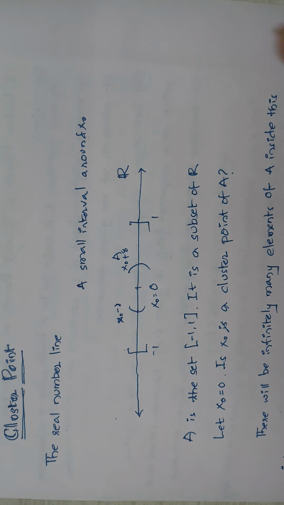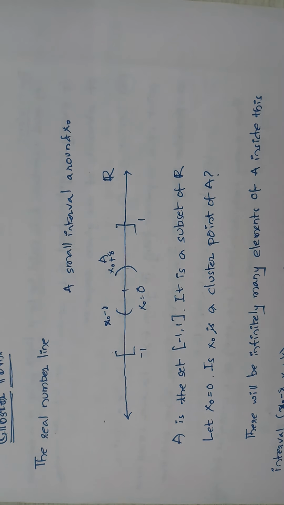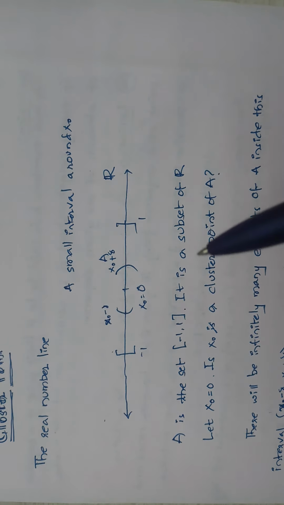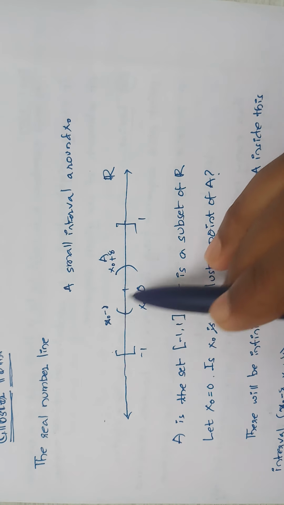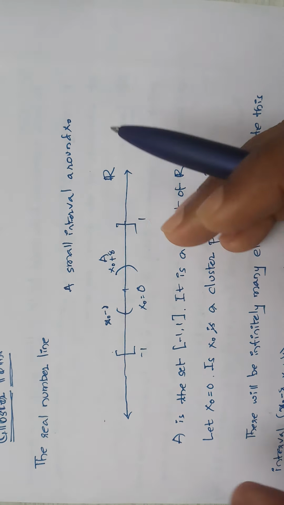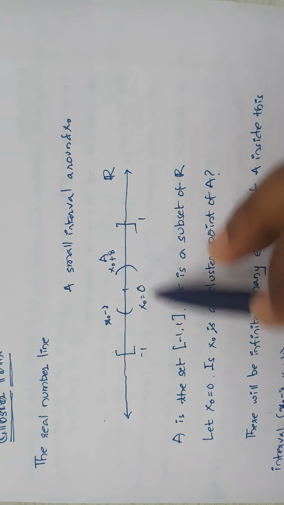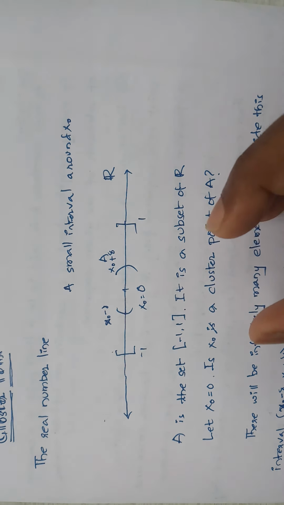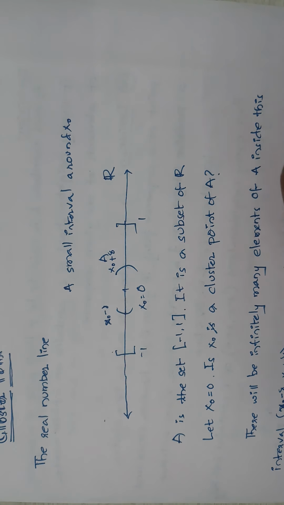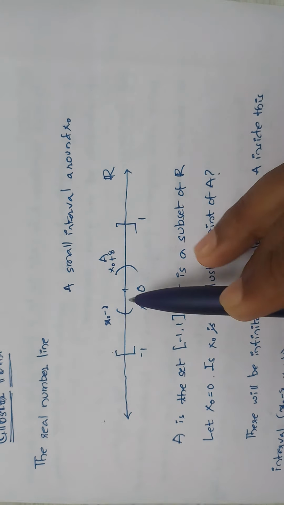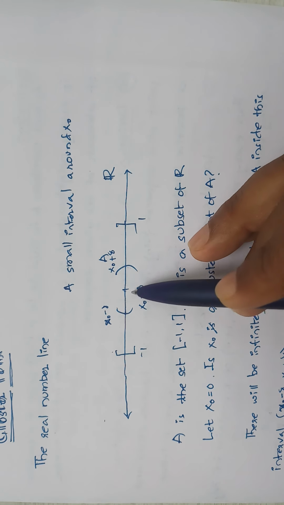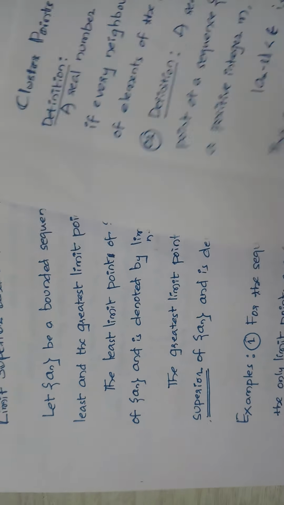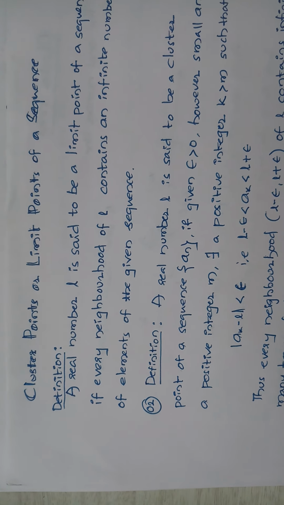Any open interval around x naught contains infinitely many elements of A. Here the closed interval is A, which contains the point x naught. Around x naught we can draw infinitely many intervals also. Therefore here x naught is a cluster point.